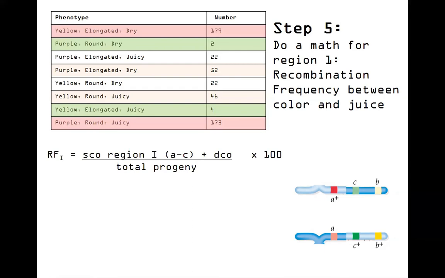So here's our formula. Let's break it down. This is just the recombination frequency in region 1, which I've just defined. That's going to be the number of recombinants that happen in region 1, which we're going to have up here. I've just reminded us all A to C means that we're going between A and C here. This is not math. This is just to let us know where we're working, region 1, so the number of single crossovers in that region, which again we've already highlighted, ready to work with, plus the number of double crossovers.